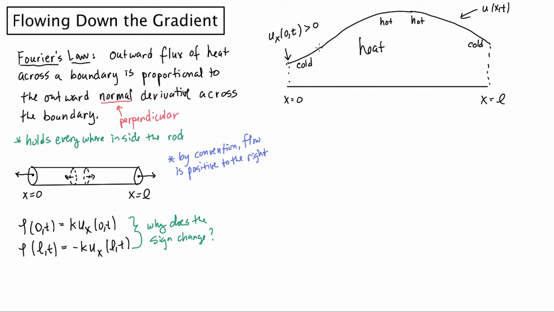However, over here at the right endpoint, u_x(L,t) is less than 0 because you can see that the function is decreasing. So the question is, what are the flows doing at each of those points? Well, if this is your initial temperature profile, remember that heat always flows from areas of hot to cold. So the flow in this direction is going to be going this way.